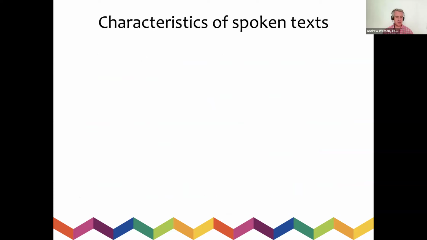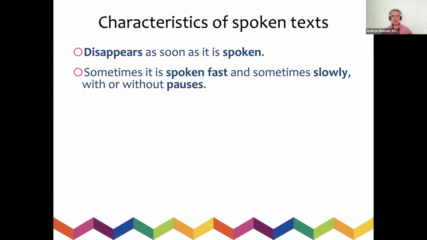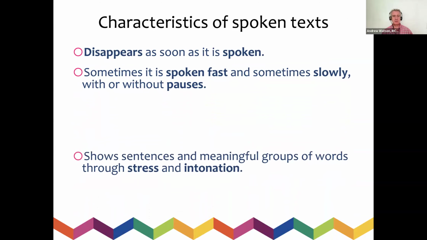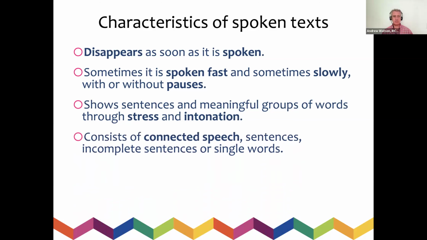So what are the characteristics of spoken texts? Well, first is that it disappears as soon as it's spoken. Sometimes it's spoken fast, sometimes slowly, with or without pauses. It shows sentences and meaningful groups of words through stress and intonation. It consists of connected speech, sentences, incomplete sentences, or single words.